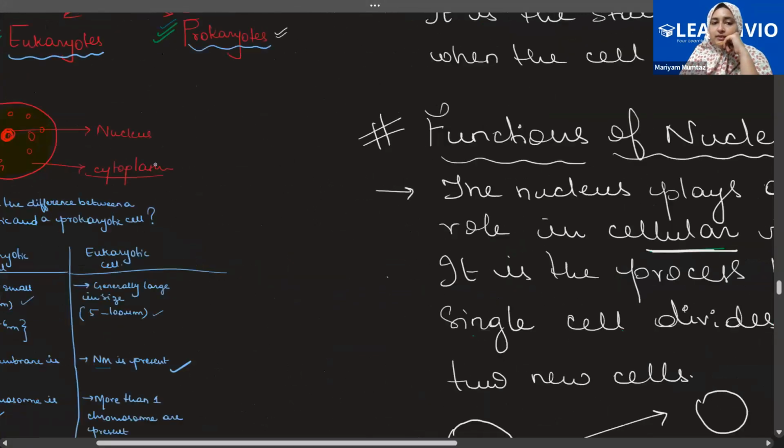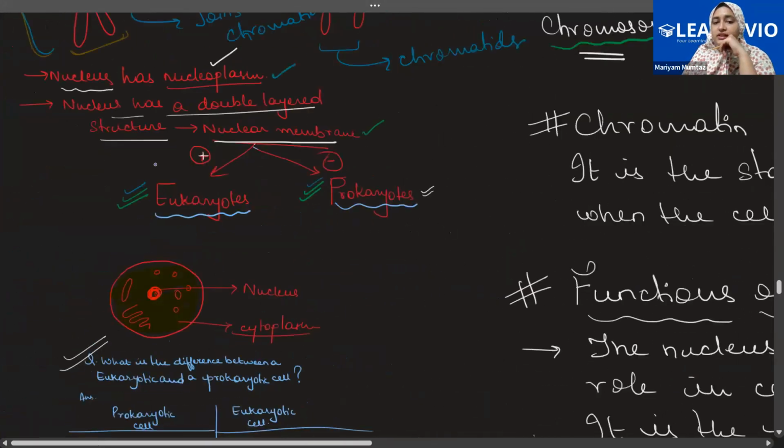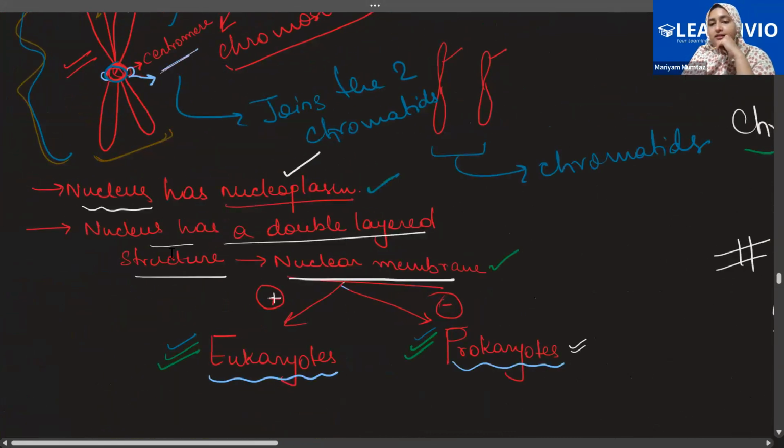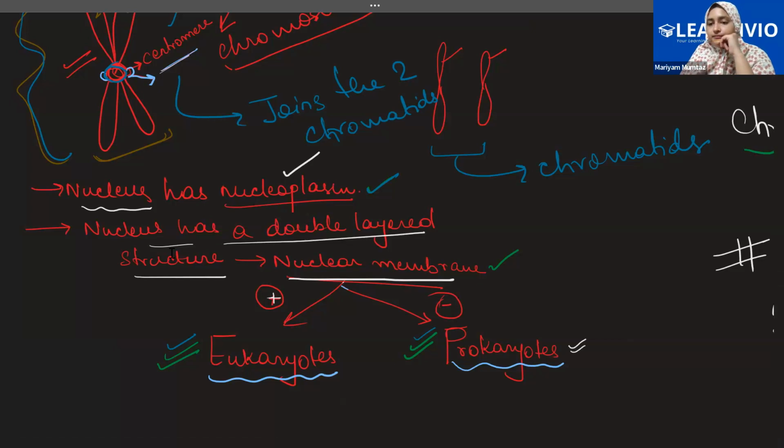But before that, you people know that the cell has cytoplasm, isn't it? Everyone knows this? Yes, ma'am. Same way, the cytoplasm which is present in the nucleus, we call it the nucleoplasm.